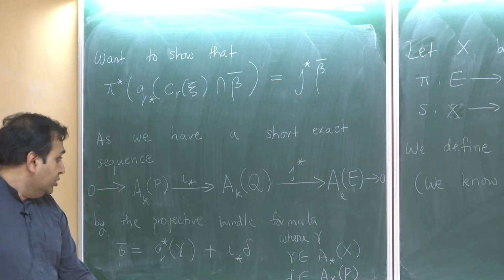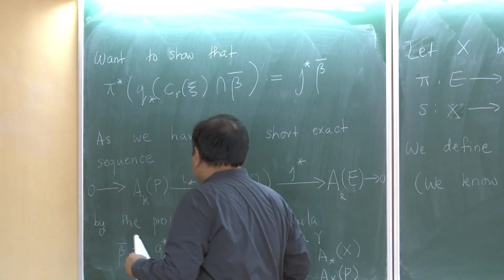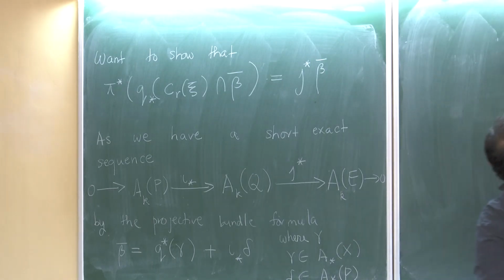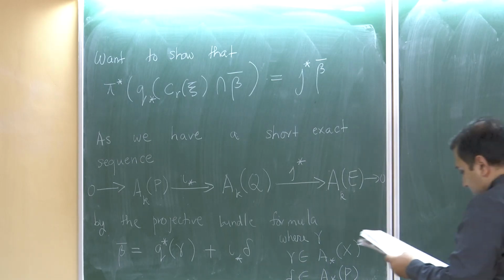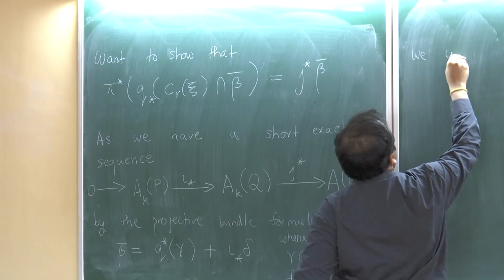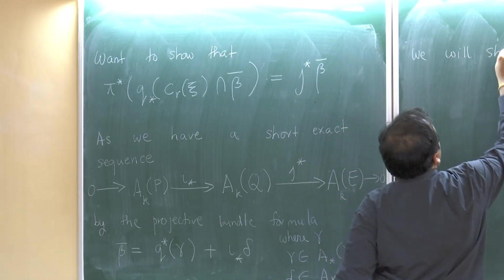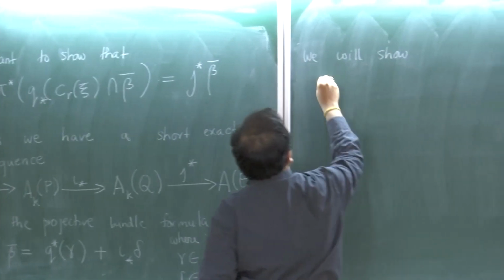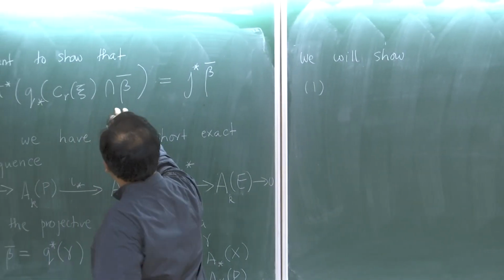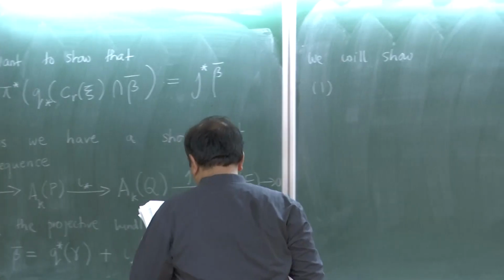So now here is what we will do. We will show two equalities, since beta can be written like this.